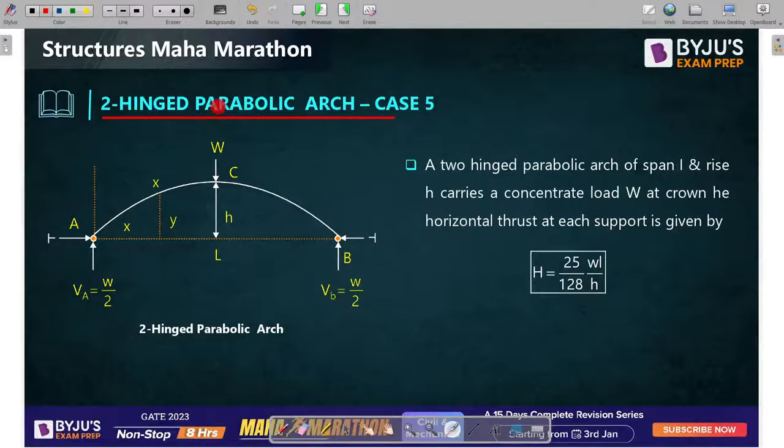If you have a two-hinge parabolic arch and a point load is placed exactly at the crown, then the value is 25 by 128 WL by H. Please remember this value, guys. I'm just showing the values once so that you can recall them. That is our main purpose.